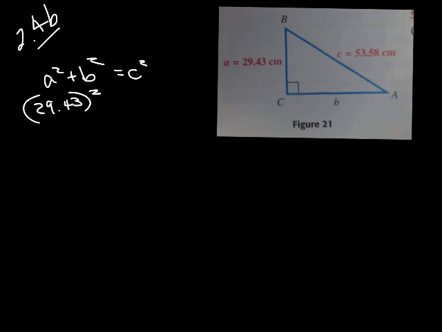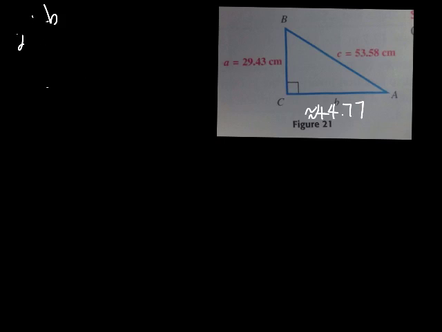So we square that, plus b squared equals 53.58 squared. And we can just use that to find b. And once we're done, we find out b is 44.77. Now that's an approximate value. That isn't exact because we took the square root and we just rounded it.